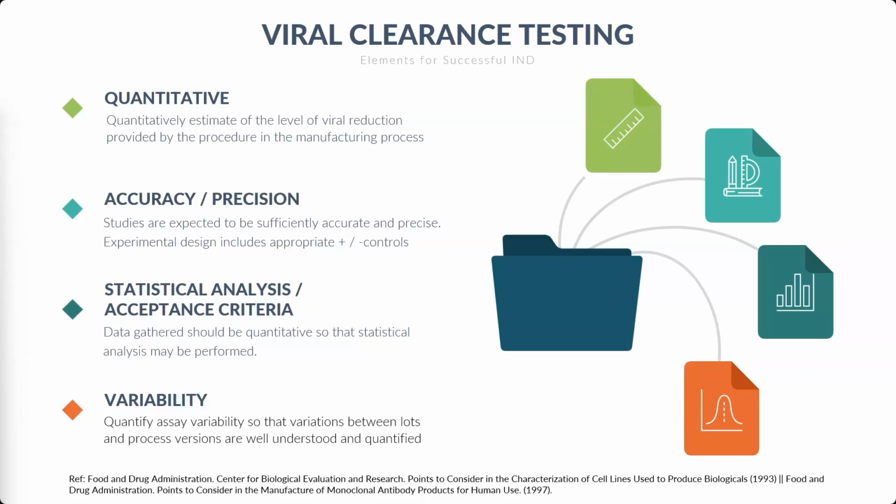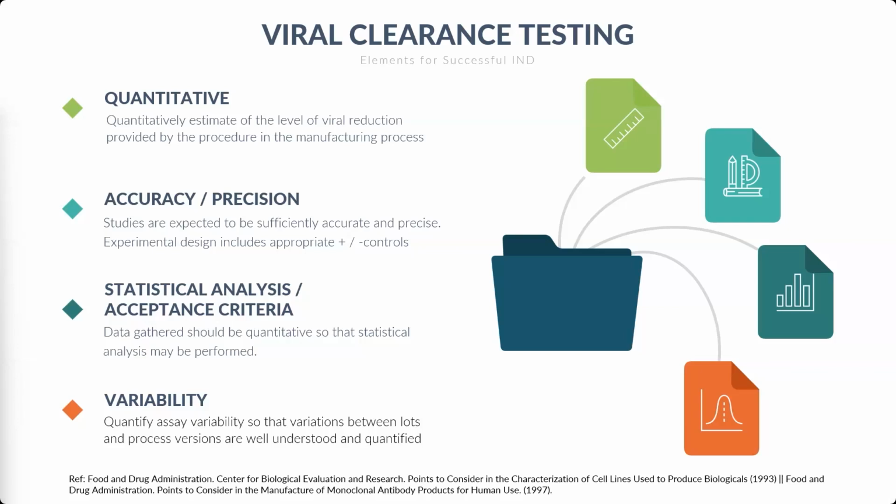Number one, that it's quantitative. We need to have a very sensitive assay for viral presence, and more importantly, we want to be able to quantify just how much of it is there. We want to understand which viruses are there, so the identity, but we also want to be very precise about how we design our experiments to test, so that we're identifying specific viruses that may be present along with other contaminants, and then not only how much is there, but how robust that method for testing is.